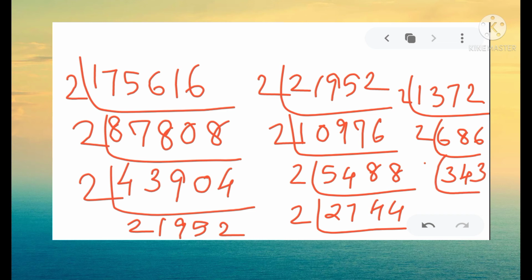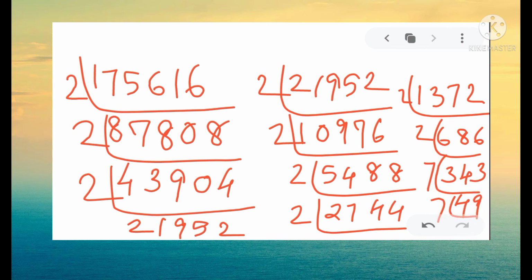Since it is divisible by 7, 49 divisible by 7, here 7 is there. So in the last one we got, how many 2s are in the first group, second group, third group, then fourth group 3.